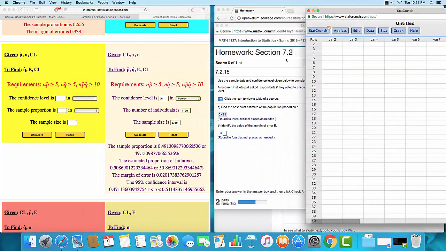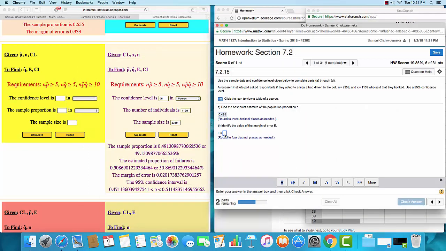So the margin of error is 0.0202. That's to 4 decimal places.